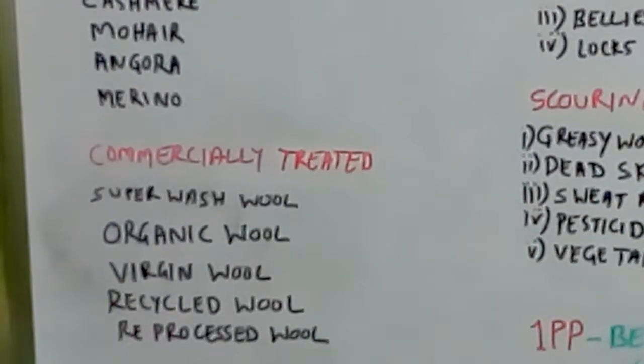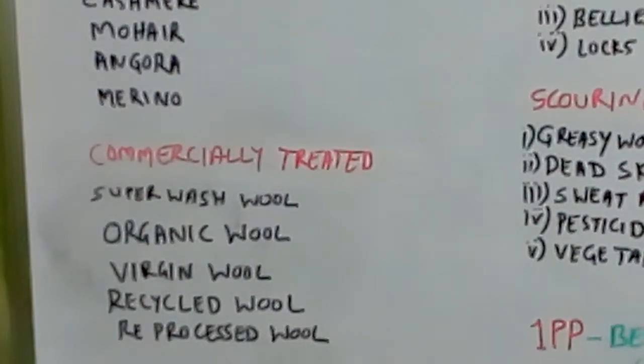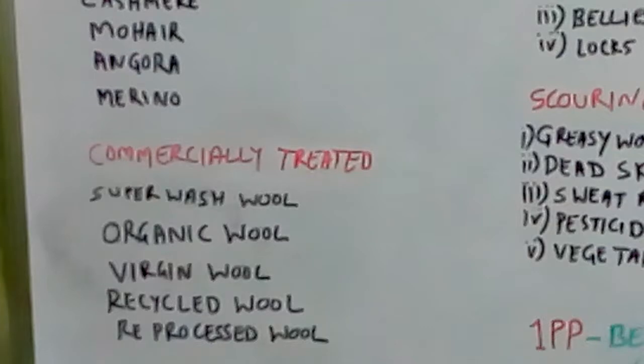That is, the woolen product is made not from reused or recycled or any other materials. 100% of the fibers are those extracted for the first time from that particular lamb, sheep.